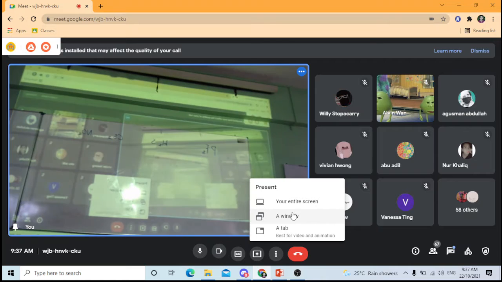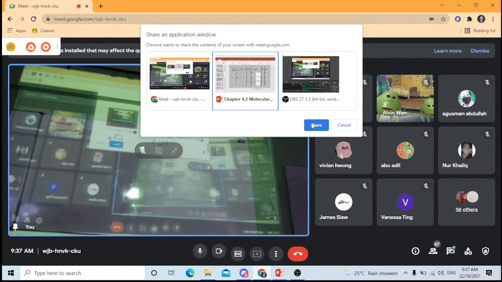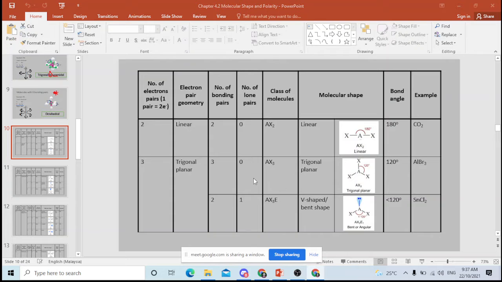Usually for linear we have 180, trigonal planar we have 120, and for any molecule with distortion, meaning we have lone pairs instead of bonding pairs, what you write for the bond angle need not be precise. You just write that it is less than 120, less than the original angle.